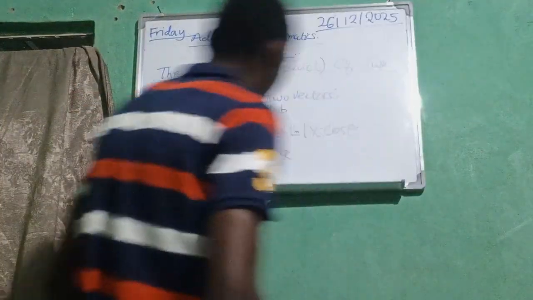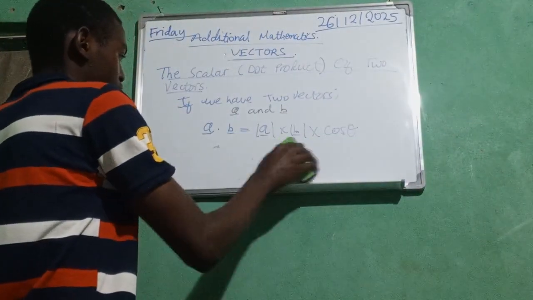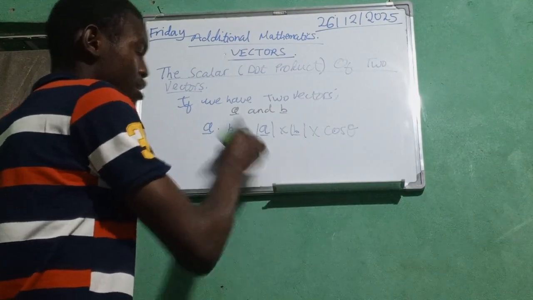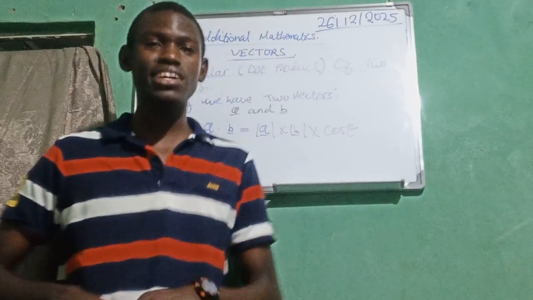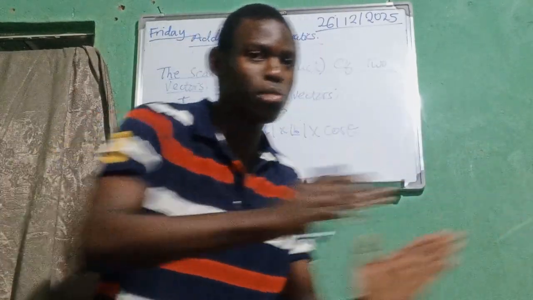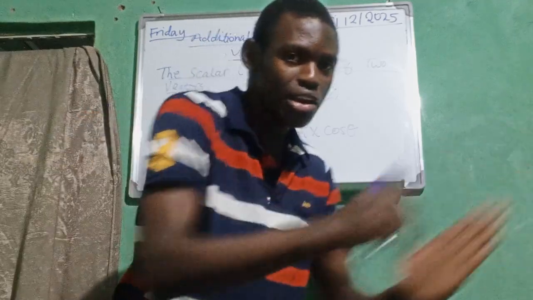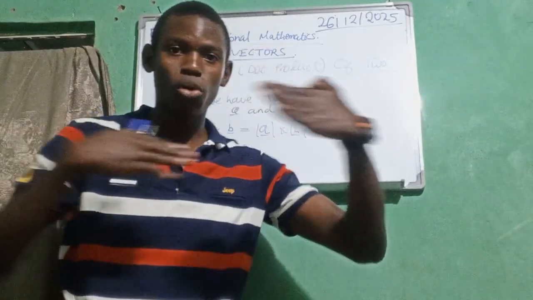And then we have parallel vectors. Vectors can be parallel, like we said in prior videos. They can be parallel in the same direction, or they can be parallel in opposite directions.